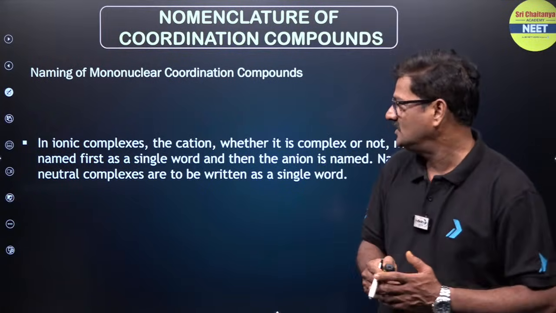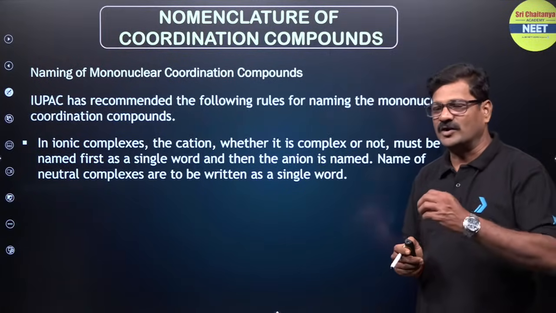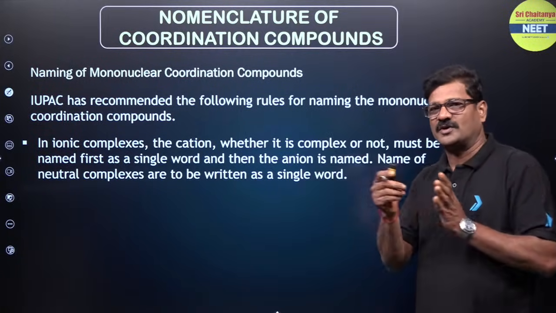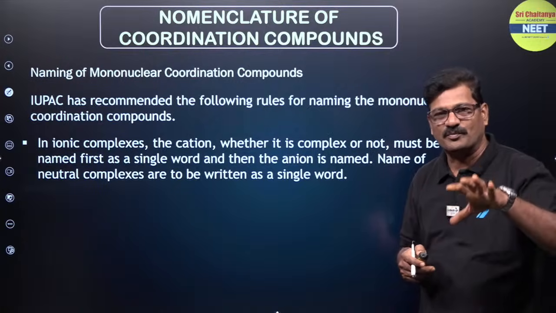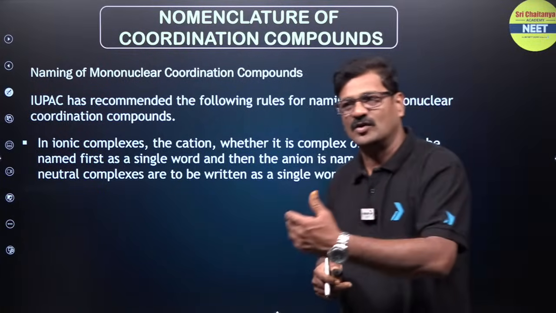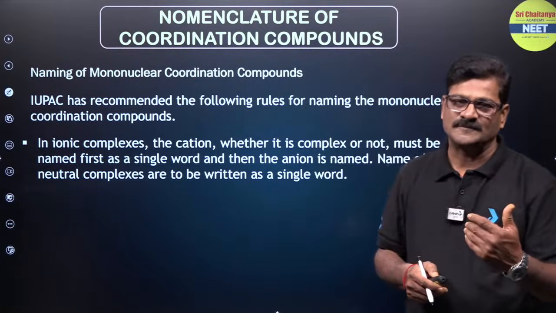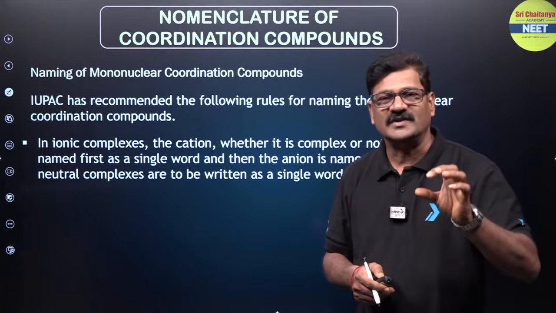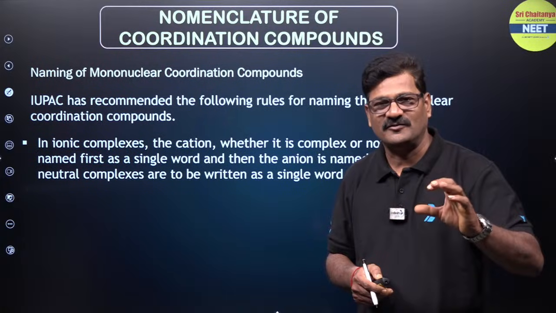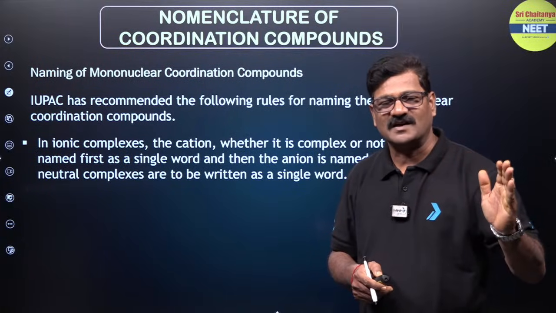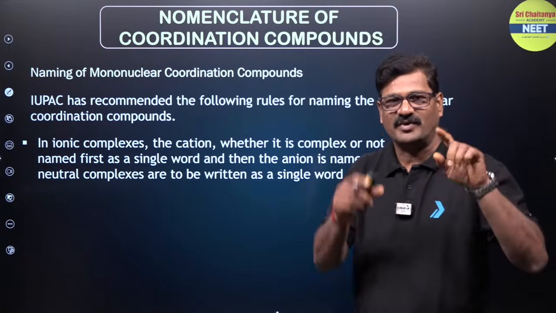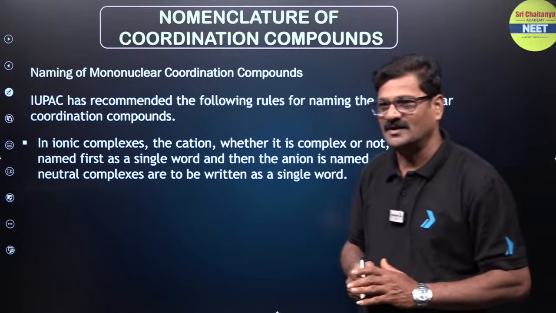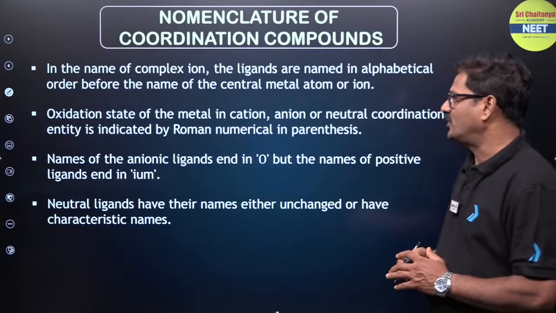And the complex could be in the anionic part or the cationic part. First we have to give the name of the ligand, followed by the central metal atom, and immediately after the central metal atom you keep a parenthesis and give its oxidation state too, right? So that is the best way.